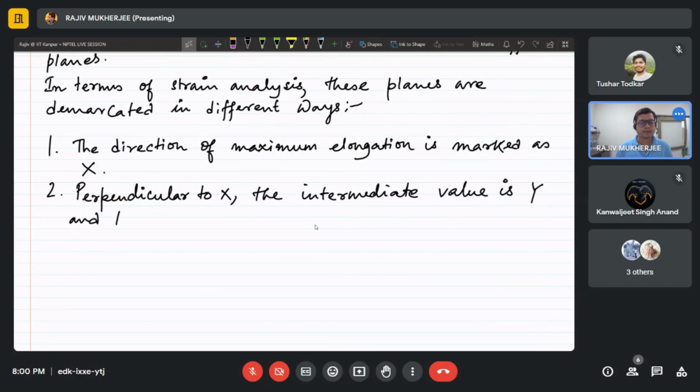So this is how we define different planes while conducting the three-dimensional strain analysis.